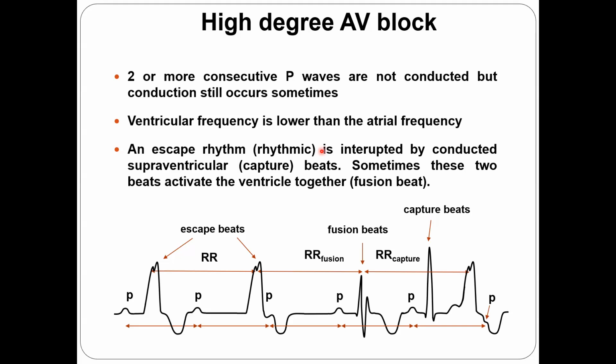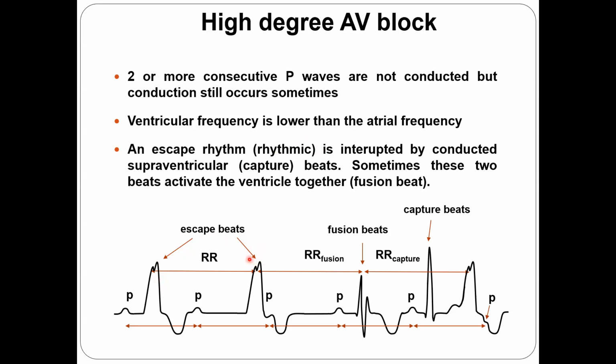However, we do have a system that is saving our life, and that's the nodal tissue in the lower part of the AV node or inside the ventricle that is generating its own impulse. However, the rate is much less, and that means it's rhythmic. So we do have escape beats, okay?